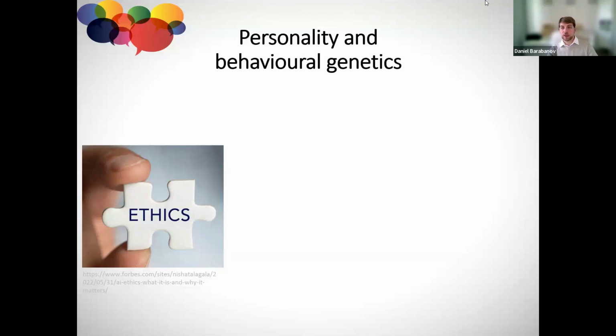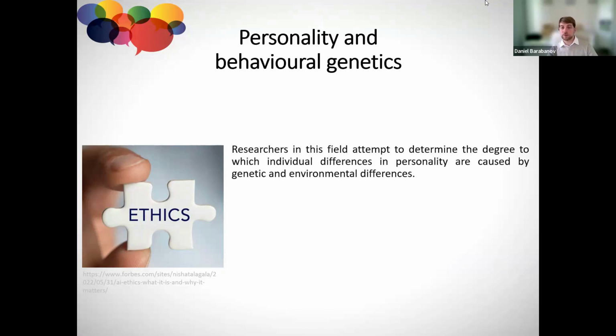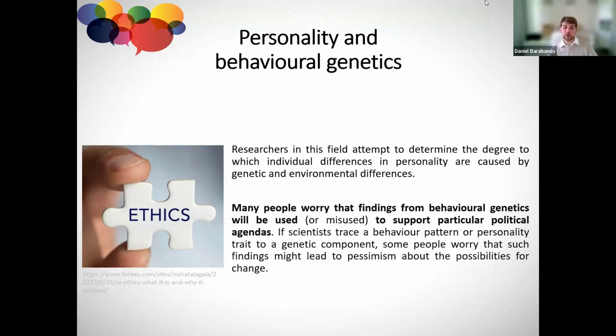The problem of studying genetics is mostly ethical. So it's a complex field, right? If we try to explain the differences in personality traits, which are caused by genetic or environmental differences, we obviously start to think about ethical implications of such research.